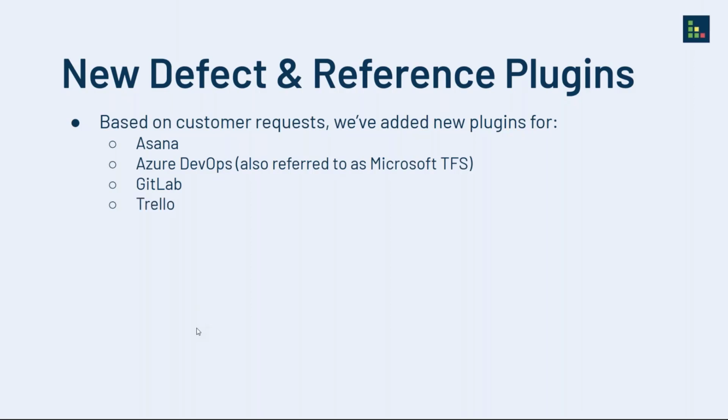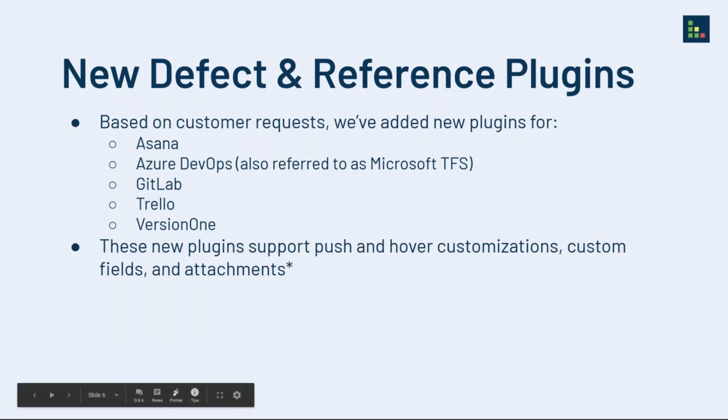Also GitLab, Trello, and VersionOne. So these 5 tools also have new defect plugins and reference plugins available. These plugins will also support the push and hover customizations, custom fields, and attachments, once again, where custom fields and attachments are possible.